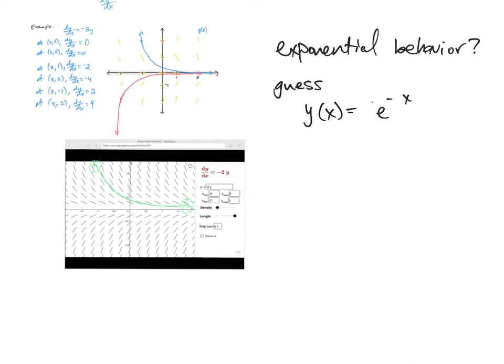We'll put a c out here and then a, I don't know what letter to use, k. C times e to the negative kx. And we can take another guess here. Does this work? Is this a solution to our equation, which remember is over here?